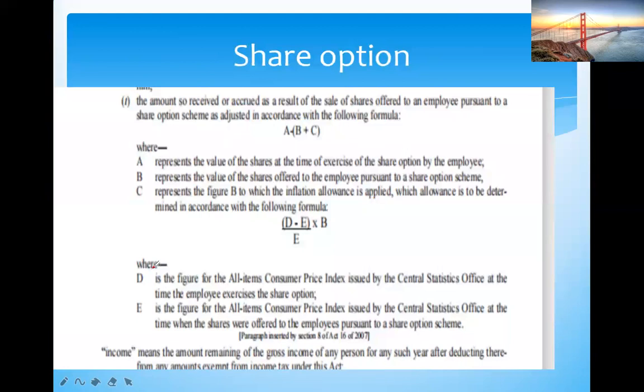If you want to determine the value of C, we say D minus E, which is the current CPI minus the old CPI over the old CPI. We multiply by the value of shares offered to the employee pursuant to the share ownership scheme.